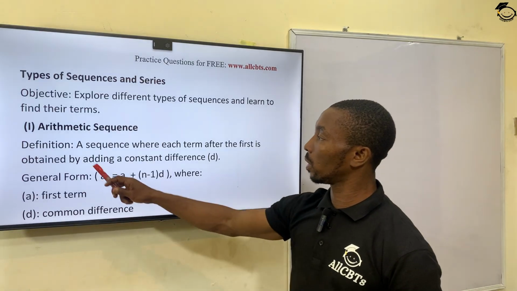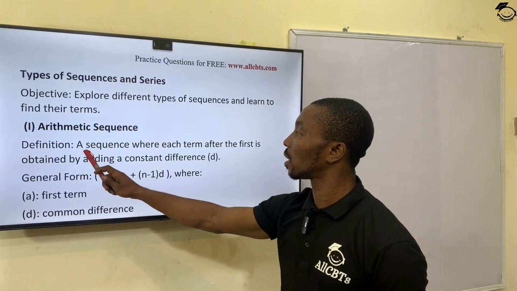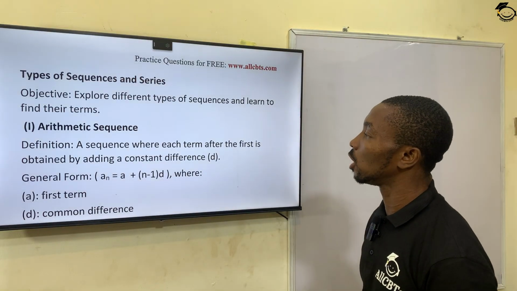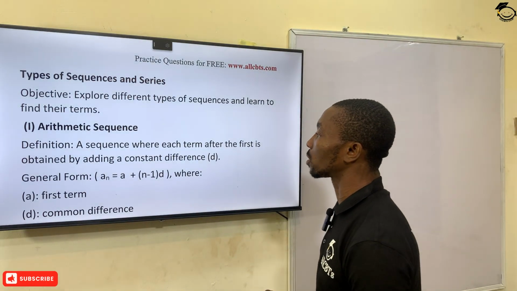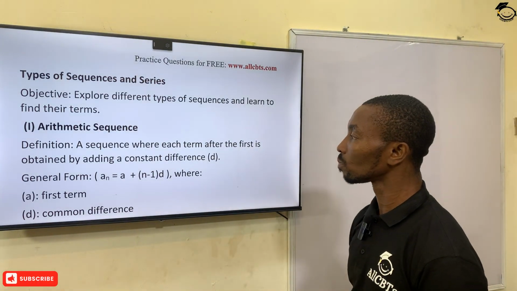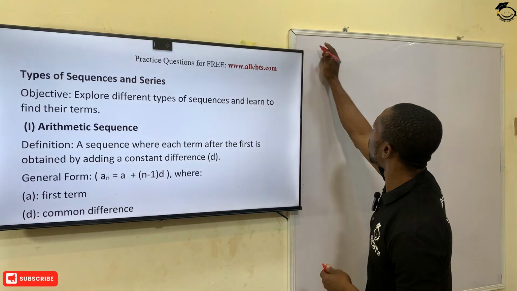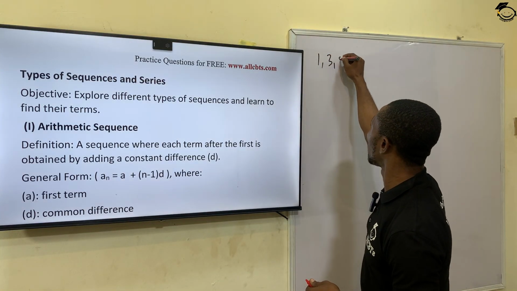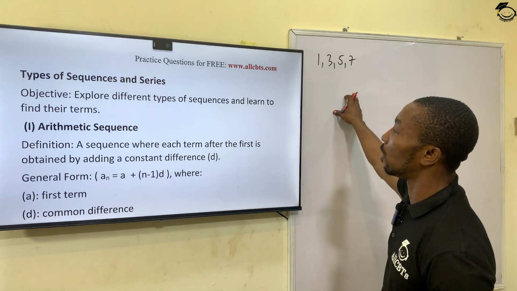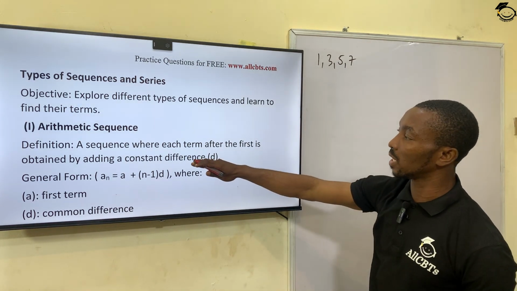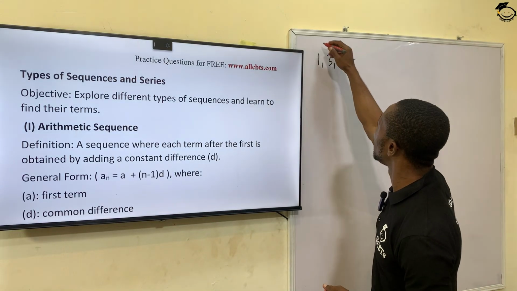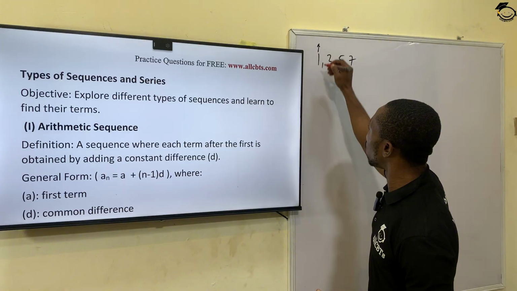Now, here we are looking at an arithmetic sequence as a sequence where each term after the first term is obtained by adding a constant difference, which is referred to as D. Remember, when we had 1, 3, 5, 7 as our sequence, each term is defined by adding a constant D. Our first term is 1.